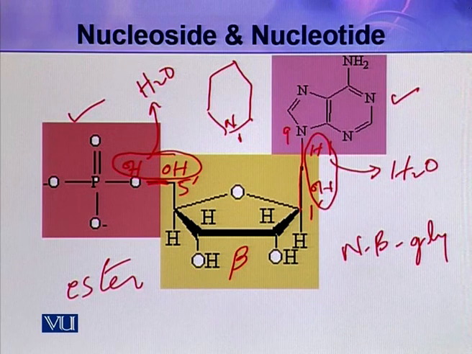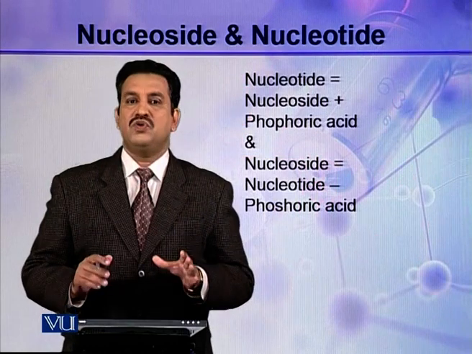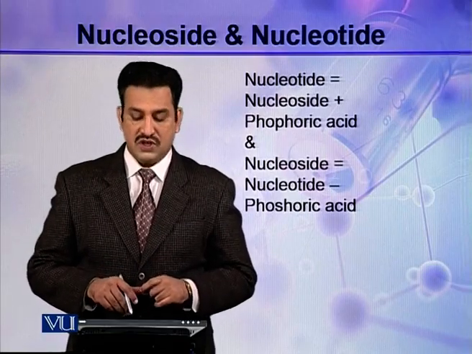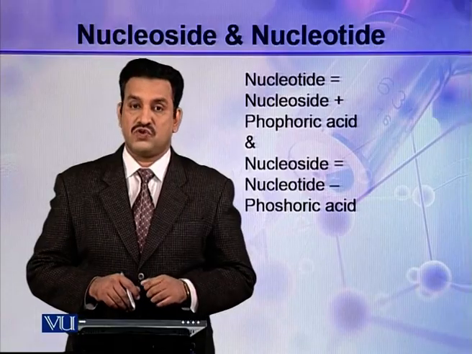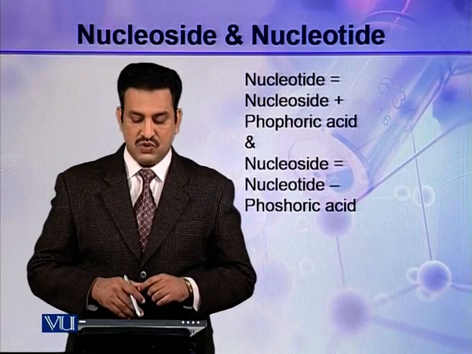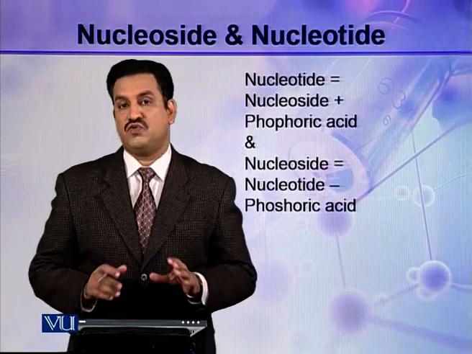In this way, all three components are joined to make a nucleotide. So simply you can say, a nucleotide is equal to nucleoside plus phosphoric acid, while a nucleoside is equal to a nucleotide minus phosphoric acid.